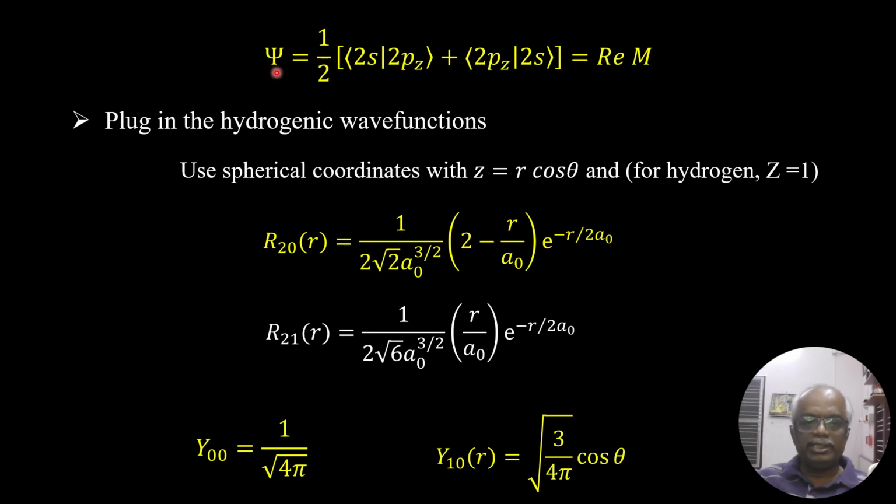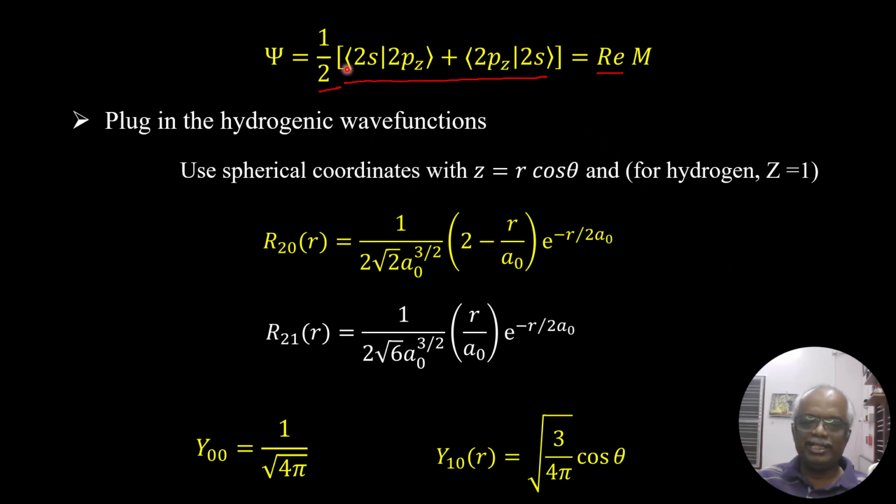So we got the superposition of the wave function psi equal to this one. Here I am going to take the real part of M. M is the term inside the bracket multiplied by half. The only difference is that the first term and the second term are complex conjugates of each other.